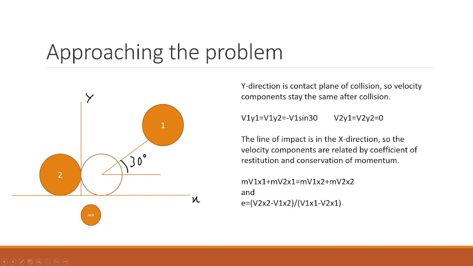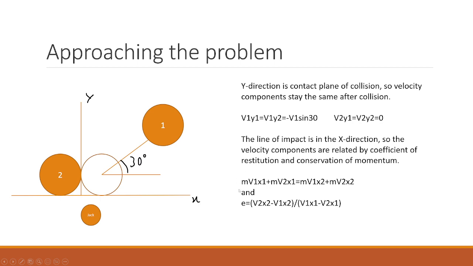With that over with, we can move on to the next part, which is the line of impact. Here we can see that the line of impact is in the x direction. Because of that, we can tell that the velocity components in the x direction are related by the coefficient of restitution and the conservation of momentum. And these are its equations here.